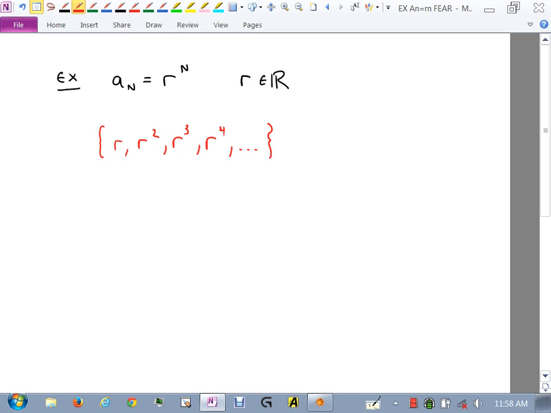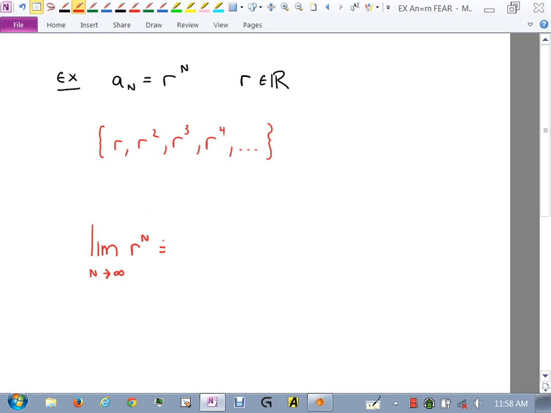And it keeps going forever. Tell me when this thing is going to converge. In other words, tell me what the limit as n goes to infinity of r to the n is going to be.